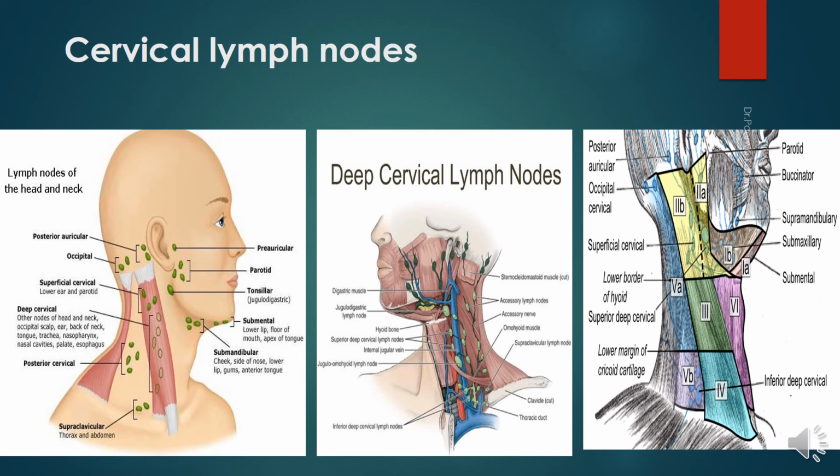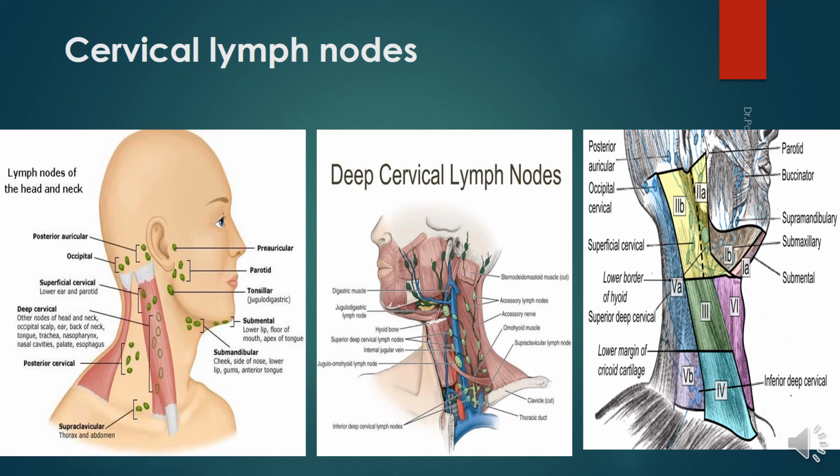Then the postauricular lymph nodes or mastoid nodes lie on the mastoid process, superficial to the sternocleidomastoid and deep to auricularis posterior. They drain a strip of scalp just above and behind the auricle, the upper half of the medial surface of the auricle and the posterior wall of the external acoustic meatus.